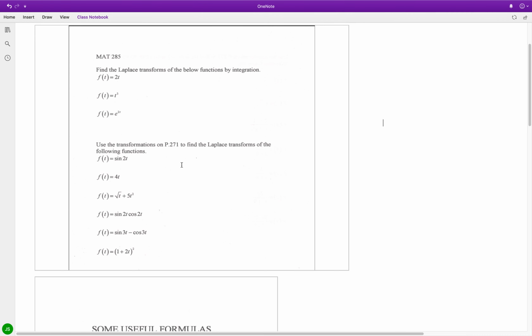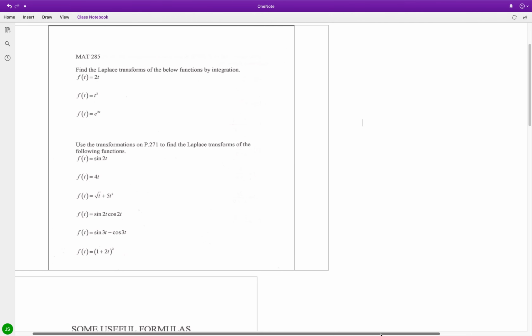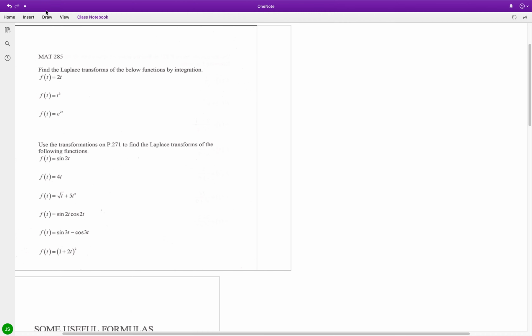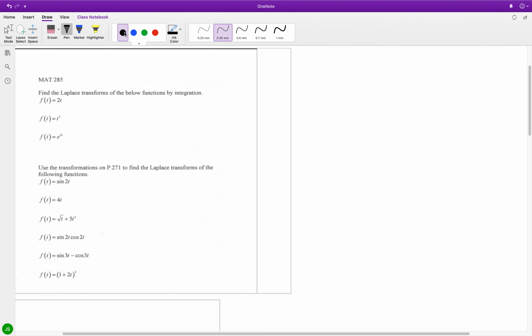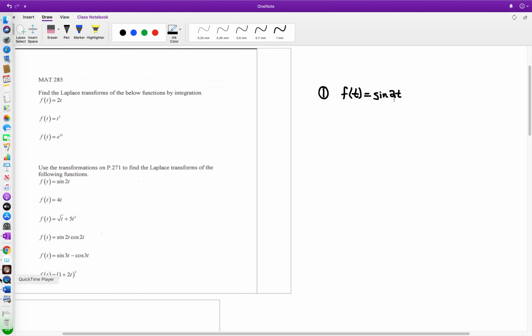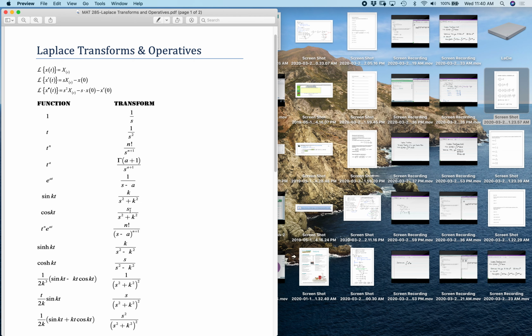First of all, if I have f of t equal to the sine of 2t, now what you're going to be looking at is the table. So we have the sine function.